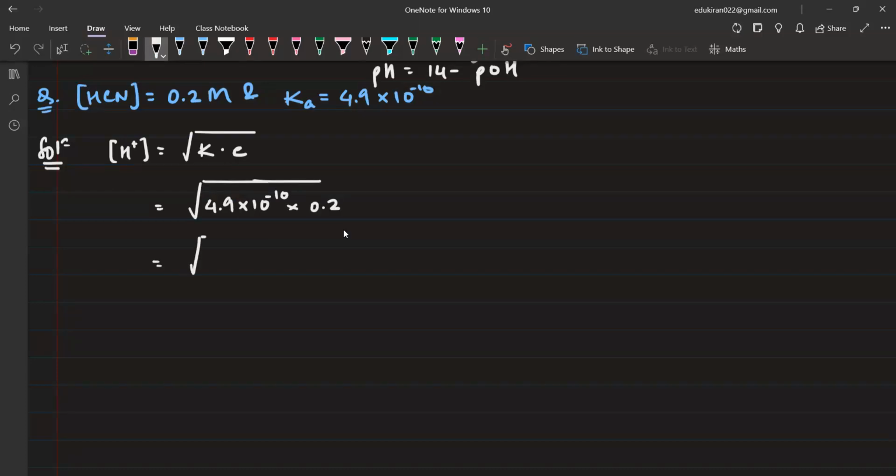So we can write this as 4.9 को भी इधर भेज दीजिए और 0.2 को भी इधर भेज दीजिए ना, तो 49 into 10⁻¹² into 2। So 49 can be removed as 7 into 10⁻⁶ into √2। Correct, guys?